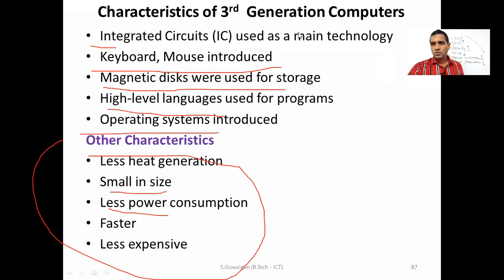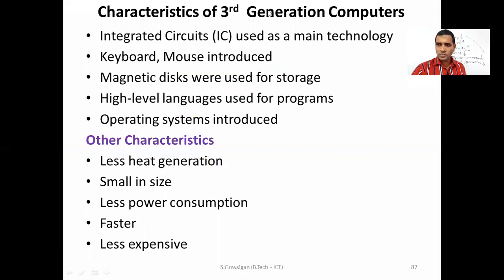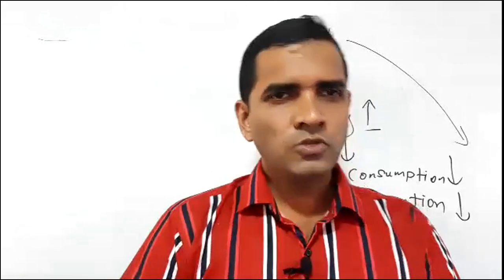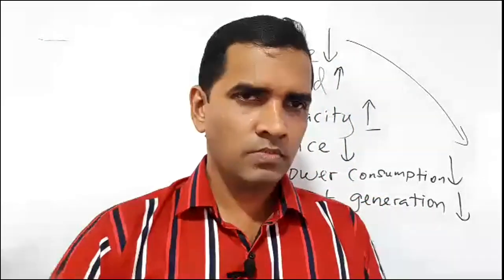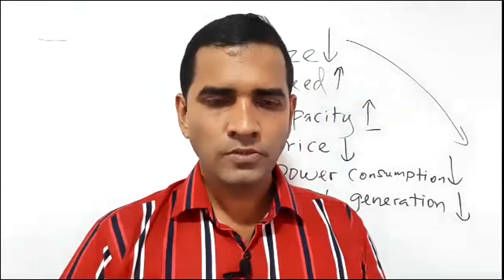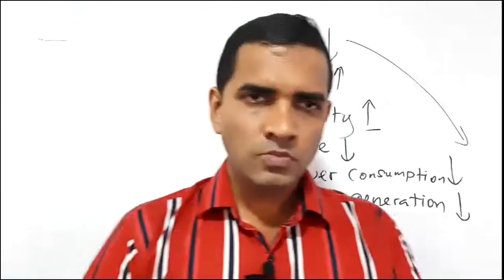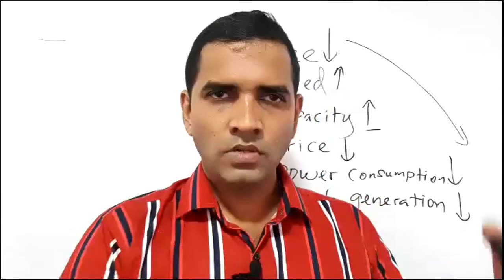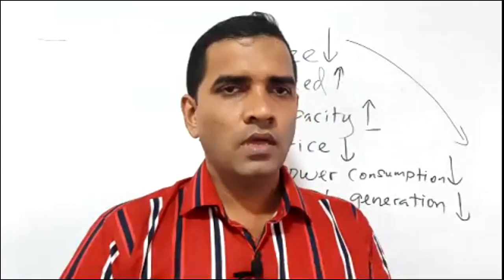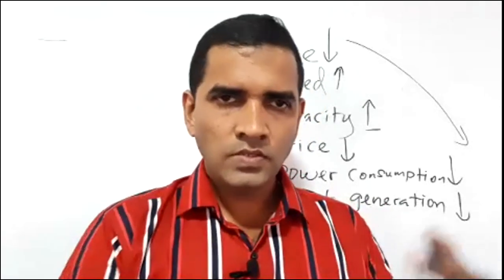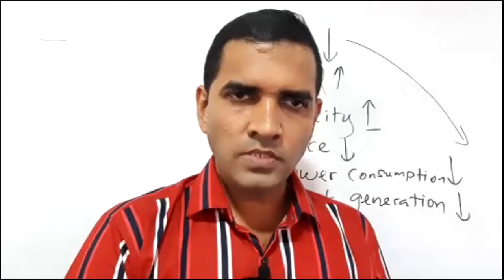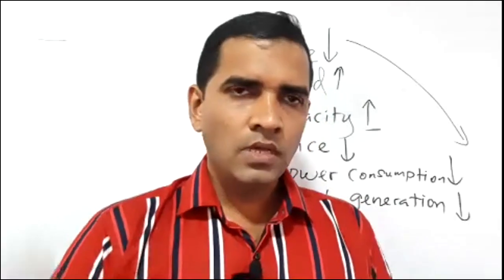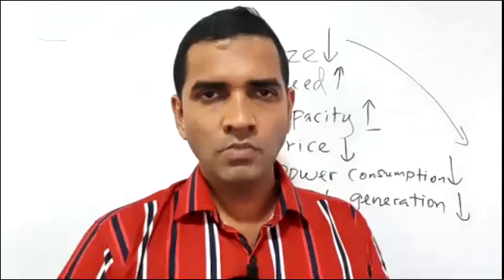Okay. So here in the third generation, as I mentioned earlier, you had some good characteristics, some healthy characteristics, but again, some characteristics need to be improved, right? So the technology had to be changed. IC had to be changed. When IC was replaced by another technology, then the new generation was born.